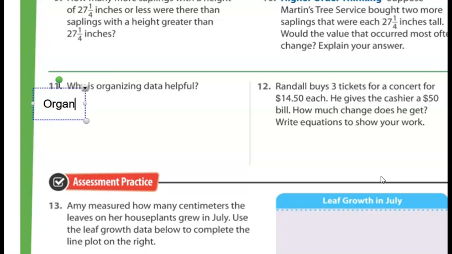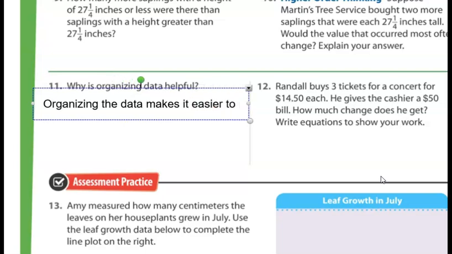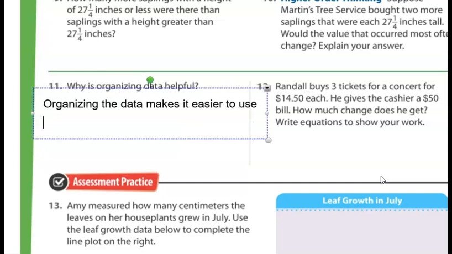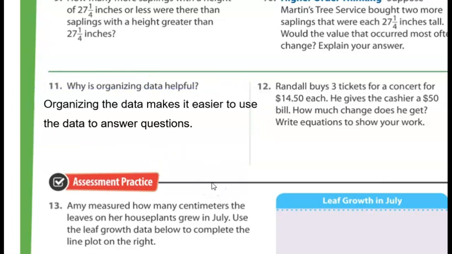So organizing the data makes it easier to use the data to answer questions. So if that data is organized, it's going to make it a lot easier for us to be able to use it if we have a question that we have to answer.